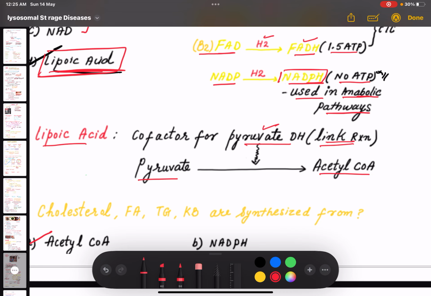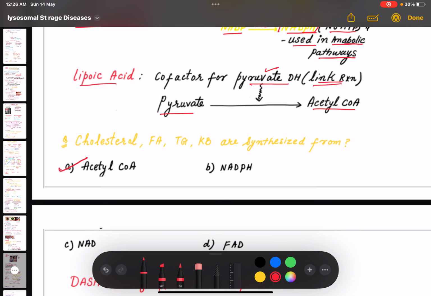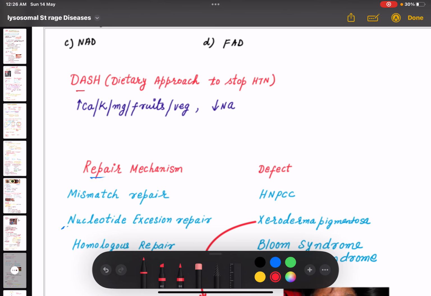Link reaction is simple: it is the conversion of pyruvate into acetyl CoA, and the enzyme is pyruvate dehydrogenase. The cofactor which works here is lipoic acid. Cholesterol, fatty acids, triglycerides, and ketone bodies are synthesized from acetyl CoA.